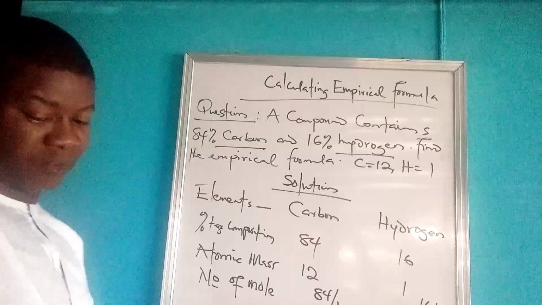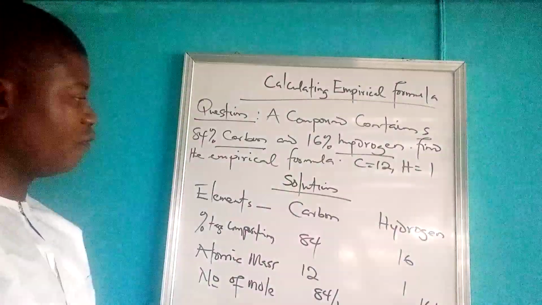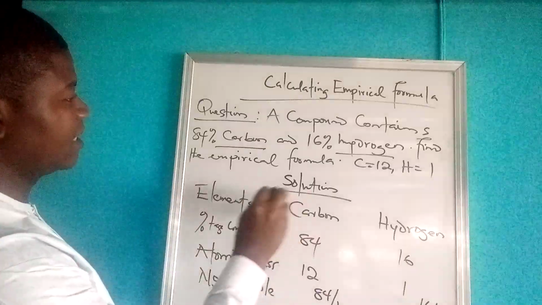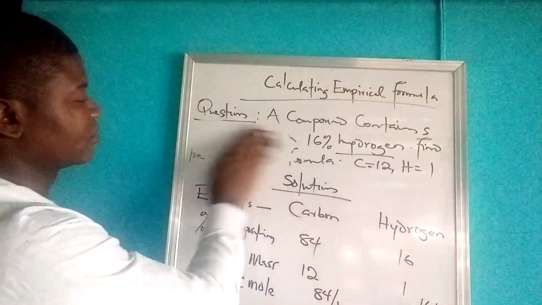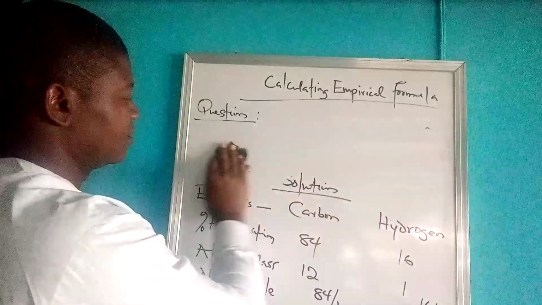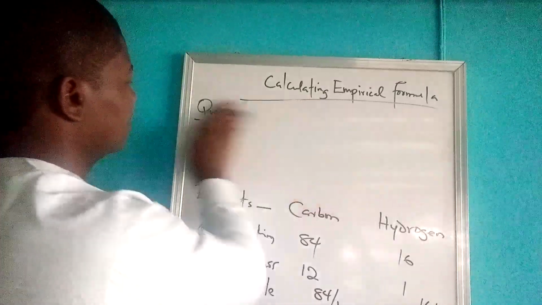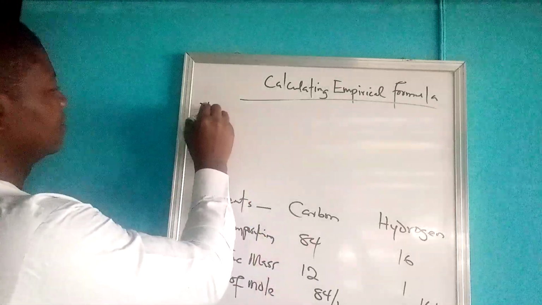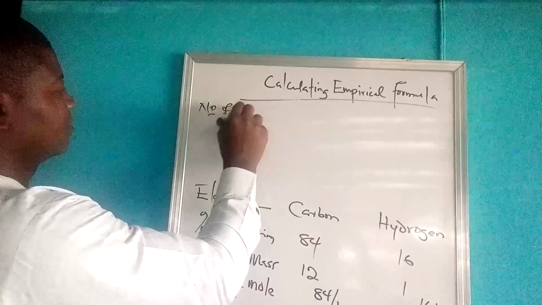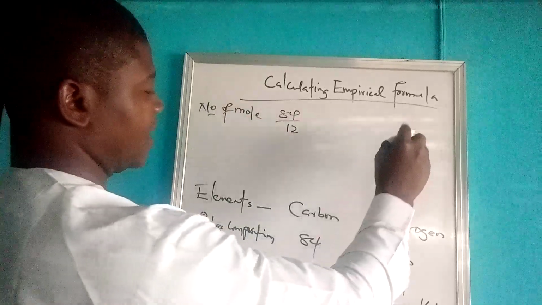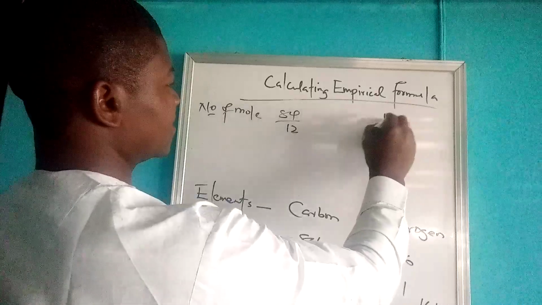Now, because of space, let me just wipe up some of this question. So the number of moles, like I said, is 84 over 12, while that of hydrogen is 16 over 1.